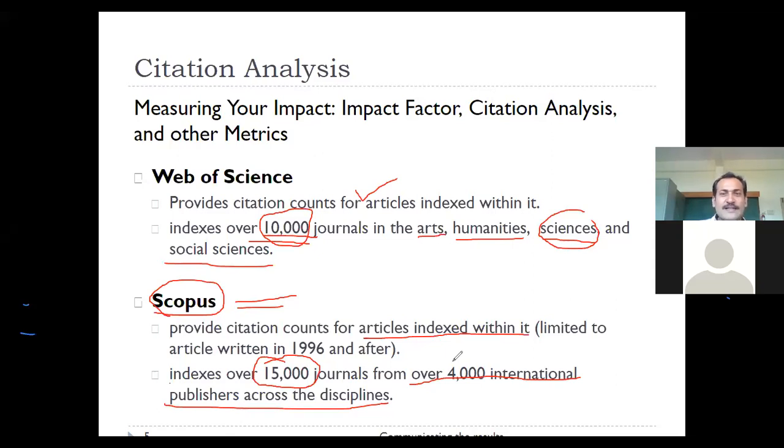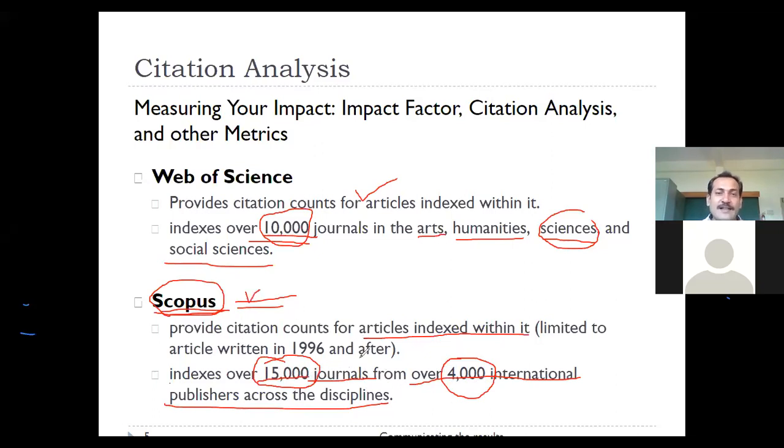Whatever the society, they have their own journals, and they are all publishers. From such 4,000 reputed publishers and international publishers, about 15,000 journals are covered in Scopus. So all articles published in these 15,000 journals will be indexed in Scopus.